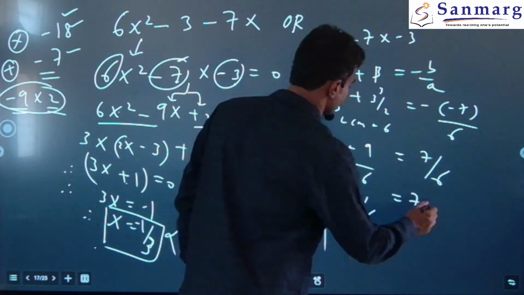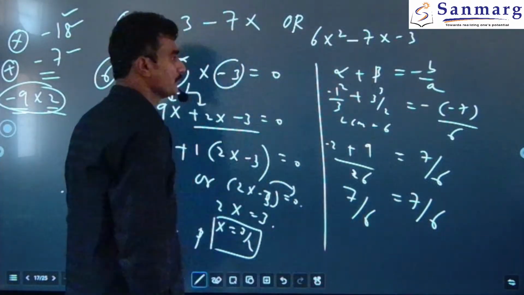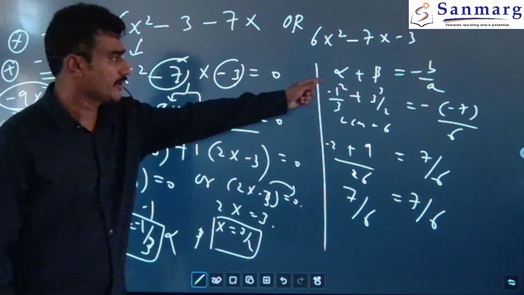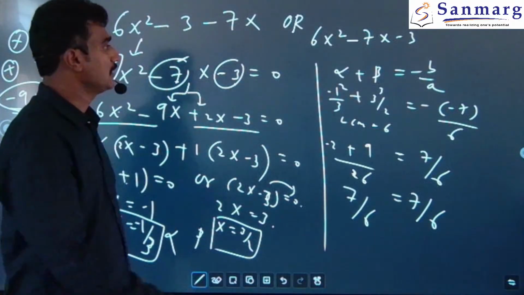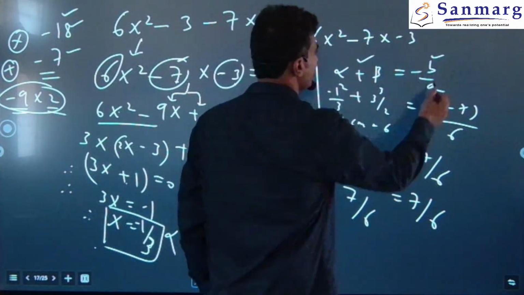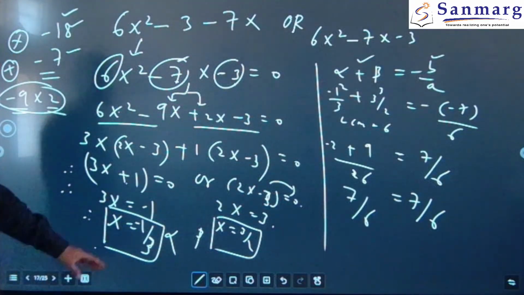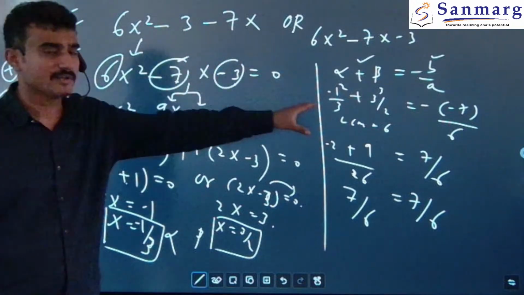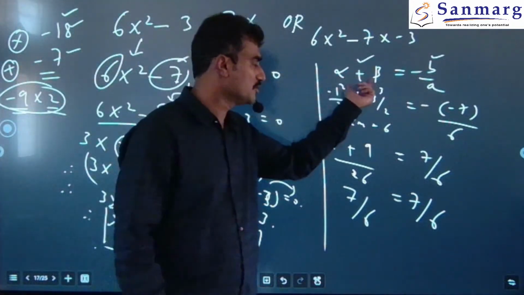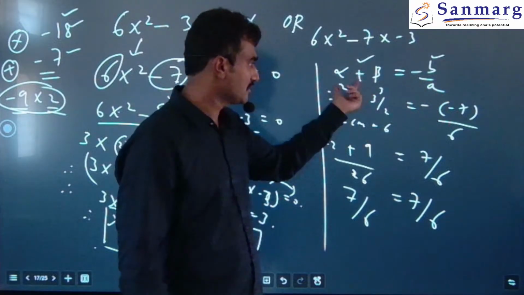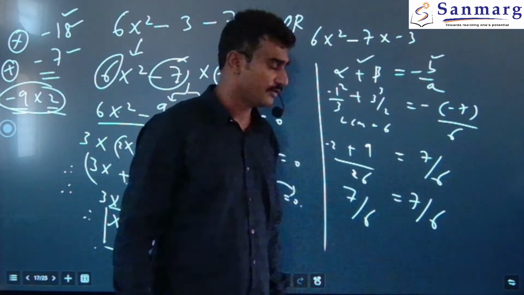So this is also 7 by 6. So LHS is equal to RHS. Alpha plus beta is equal to minus b by a, therefore the relation is verified. This is the relationship between the zeros and the coefficients.